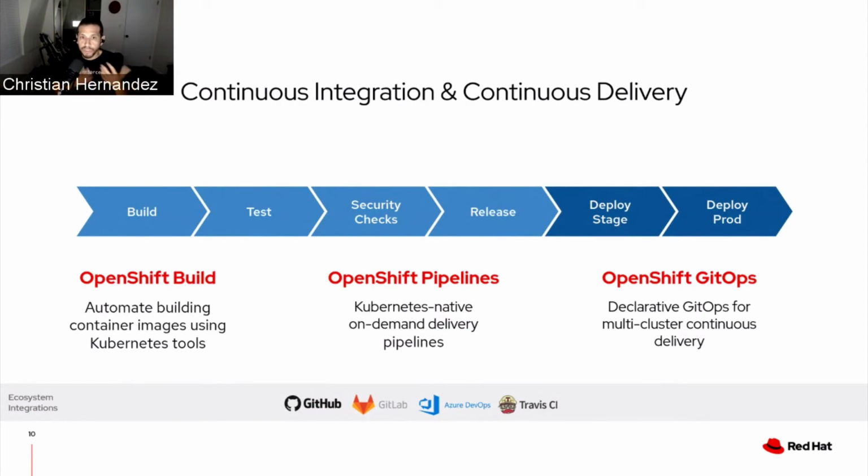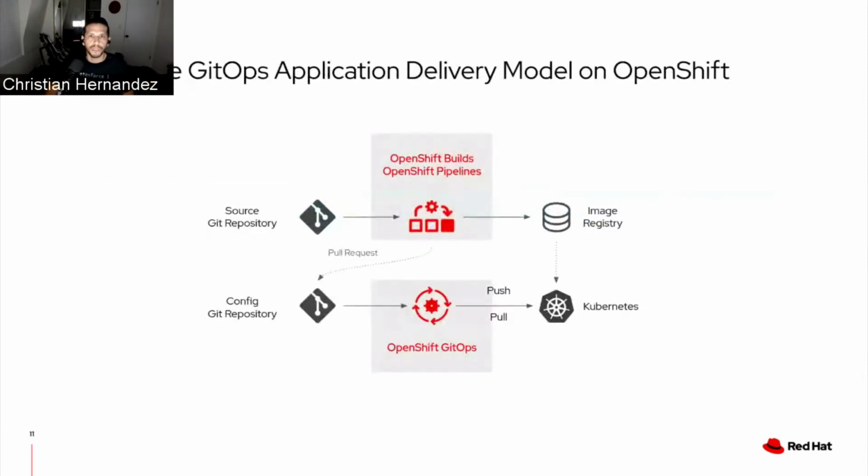We have OpenShift Pipelines, that you probably all know and love, and OpenShift GitOps, which we went GA with a couple months ago. Now taking a look back at that delivery model, you can see where that fits: OpenShift Builds and OpenShift Pipelines are doing the CI part, and OpenShift GitOps is doing the CD part.